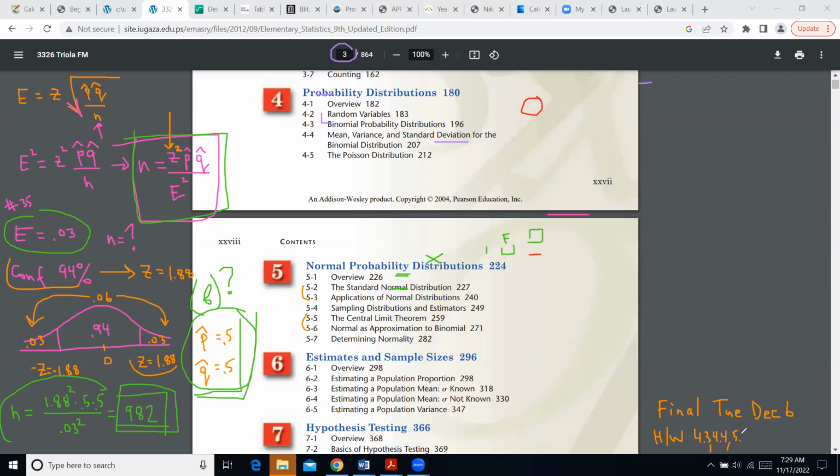These sections are already done. I hope you have already done something for those sections. Now we're in chapter 6, where we're dealing with estimating the population proportion. So I'll also look at 6.4, so 6.2 through 6.4.